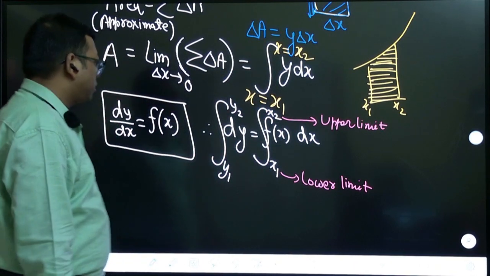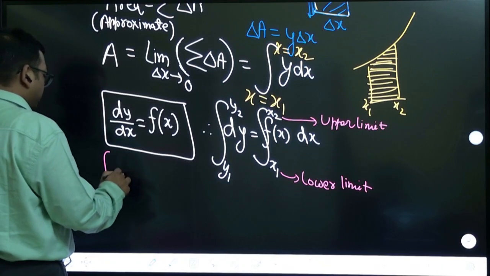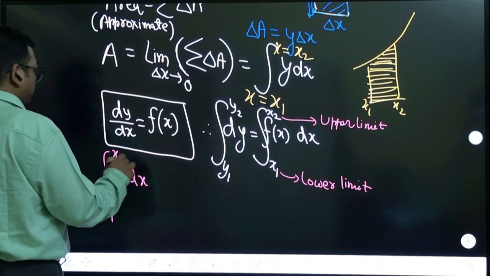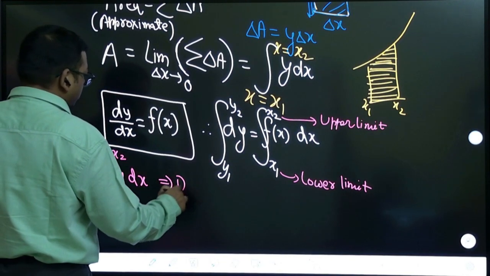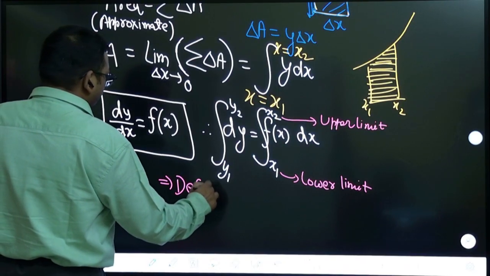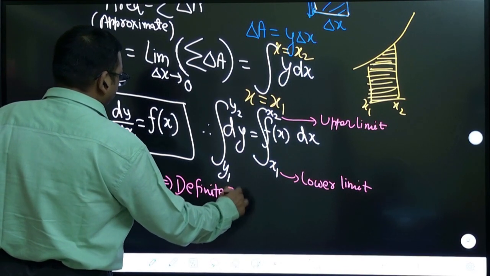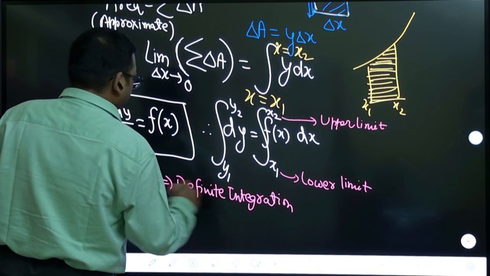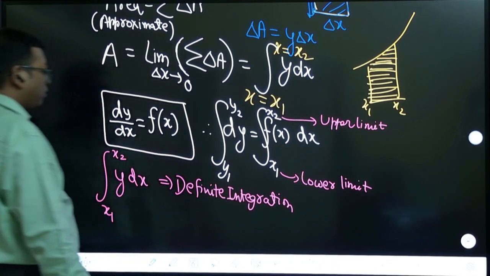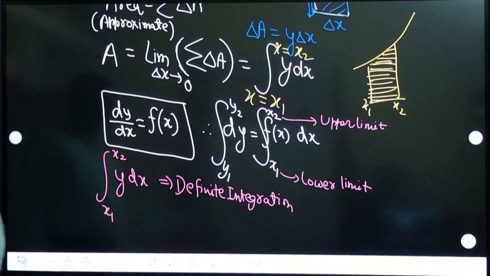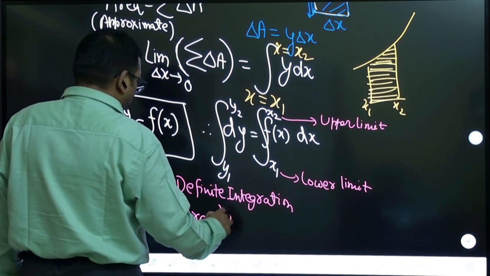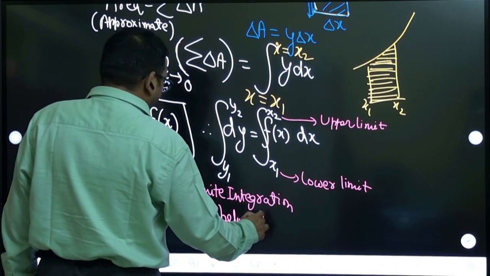Okay, so this integration of y dx between the limit x1 to x2, this is called definite integration. That's the meaning of integration. That gives area below the graph.